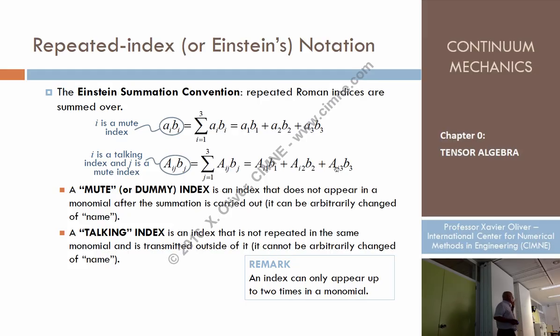So that can be a certain component of a vector for i equal 1, or for i equal 2, for i equal 3. So that could be the expression of a certain component of a vector, an order 1 tensor. And you can extend that and obtain also expressions depending on two talking indices, and then that would be components of a second order tensor.